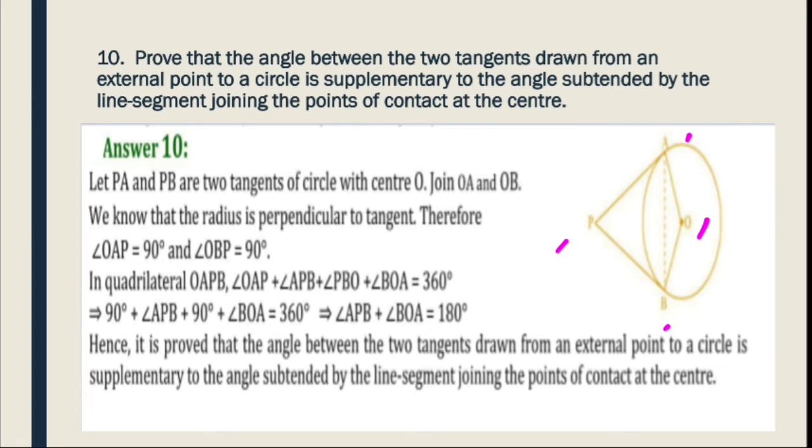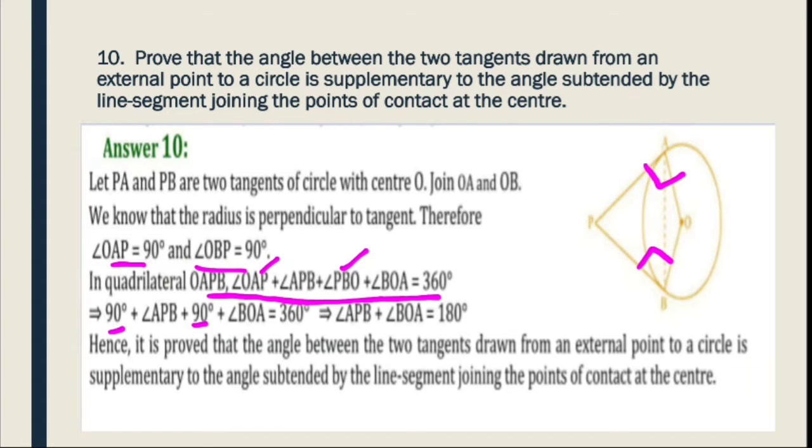So you can say that angle A plus angle O plus angle B plus angle P is equal to 360 degrees. But the value of this angle and this angle is given as 90 degrees. So in this equation, in place of angle A and angle B, put the value 90 degrees each.